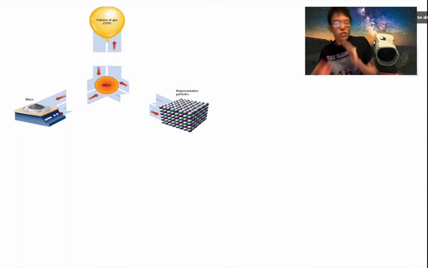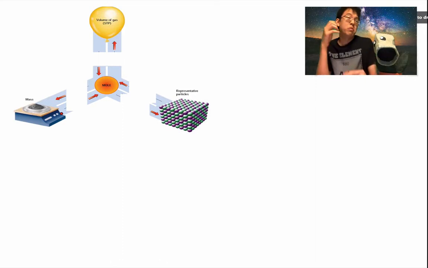So the mole is a super important unit in chemistry because atoms are so hard to count; there are so many of them. In this pen, or even in the point of this pen, there are billions upon billions upon billions of atoms, whatever this pen is made of.